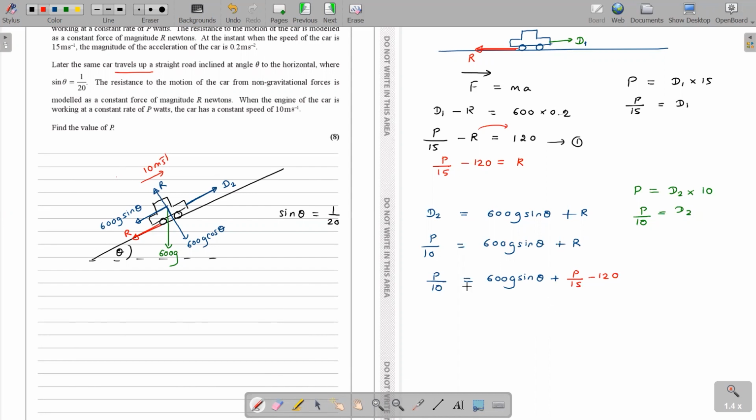Okay, so let's collect everything together. P over 10 minus P over 15 equals 600 g sine theta minus 120. Sine theta was given to you as 1 over 20.